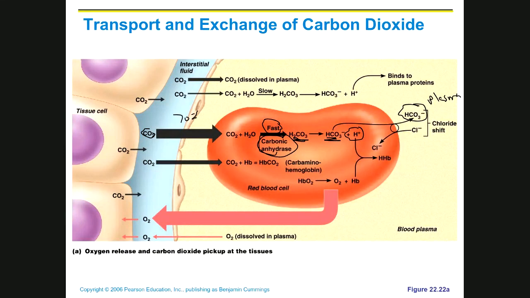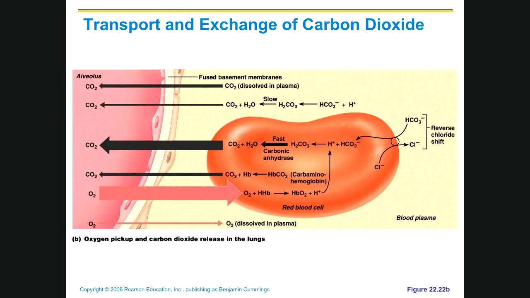And then when we get to the lungs, we're going to do external respiration. So remember, external respiration is gas exchange between blood and air. So if you think about it, we have to go down the gradient. Well, we picked up carbon dioxide, so the partial pressure of carbon dioxide in the blood is 45.